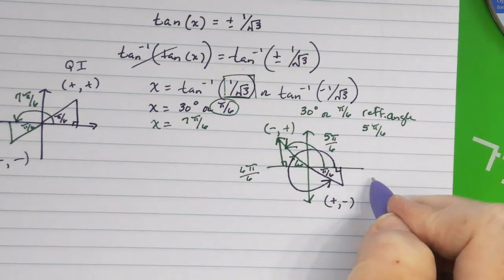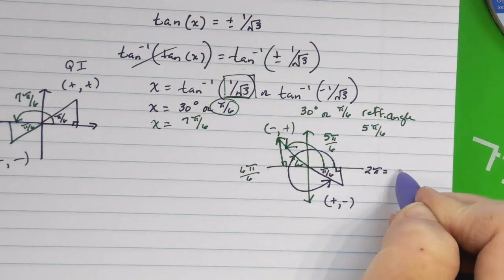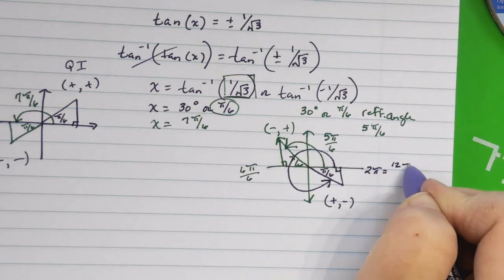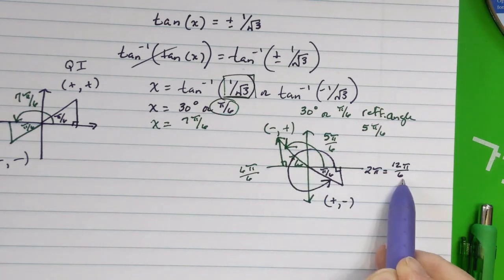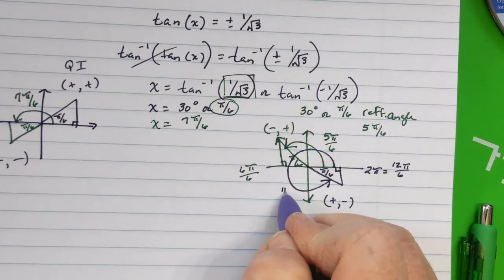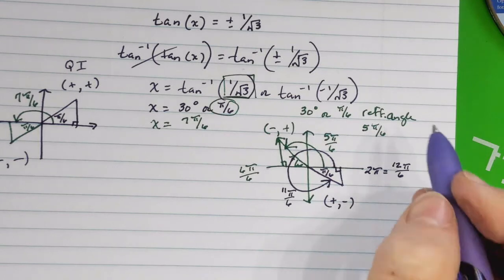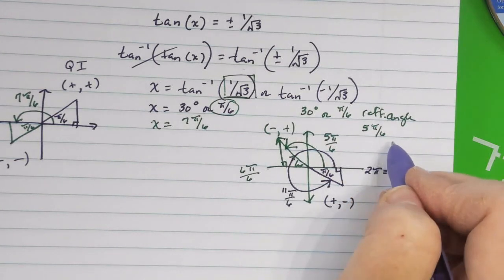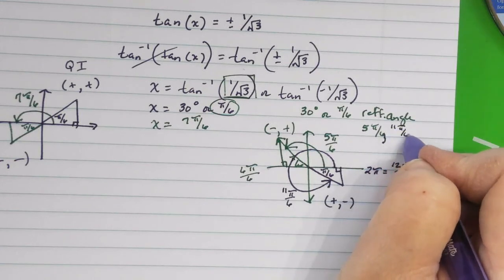Now, over here is 2 pi. 2 pi is the same as 12 pi over 6. We don't want 12 pi over 6. We want 1/6 less. So this would be 11 pi over 6. So another negative angle is 11 pi over 6.